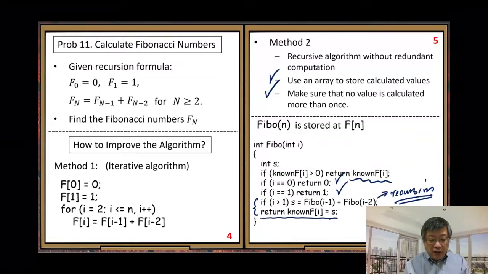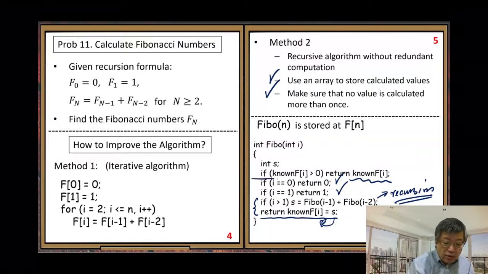Return f of I equals S. So after you get an S, you assign it. This is assignment, right? You assign it to known f array of I. After you do the assignment, you return it as the function value. This line is important, because the next time when you need to use one of the smaller Fibonacci numbers, you do not need to go through all the recursion.